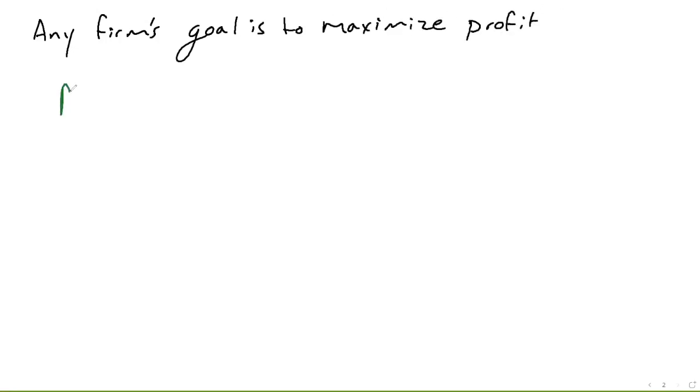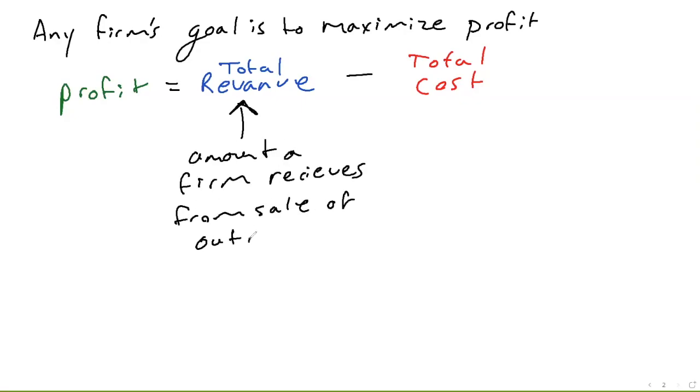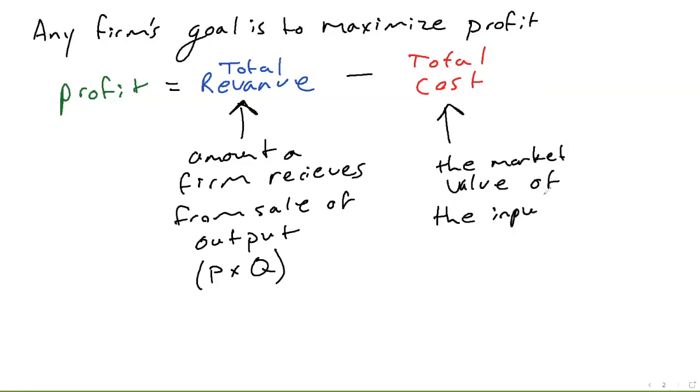And recall that profit is total revenue minus total cost. And total revenue, of course, is the amount a firm receives from the sale of its output, which is usually price times the quantity sold.